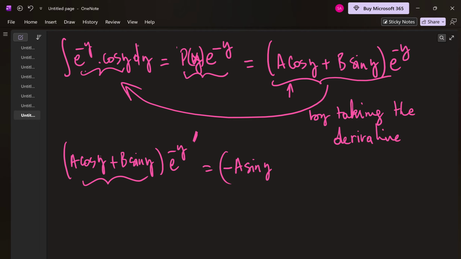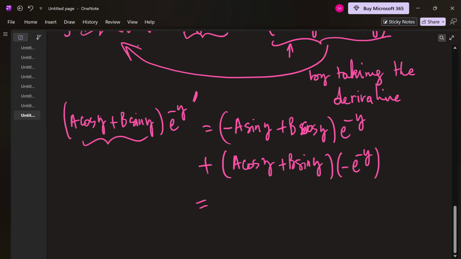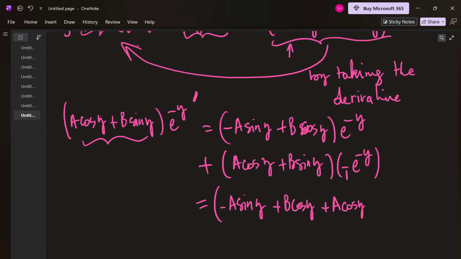Plus b times sine becomes cosine y, exponential minus y, plus the same function a cos y plus b sine y times minus exponential minus y. Now adding these two together, we get minus a sine y plus b cosine y minus a cosine y. Sorry, not plus, we have here minus.